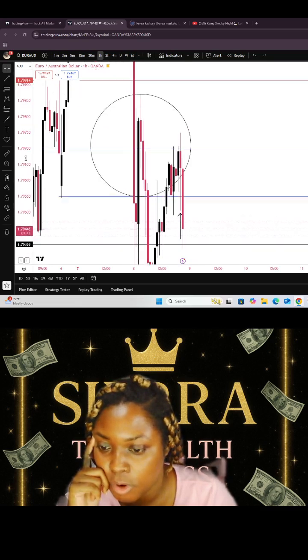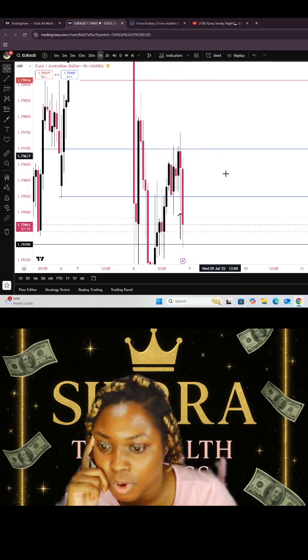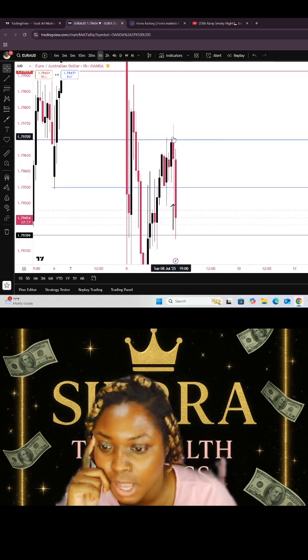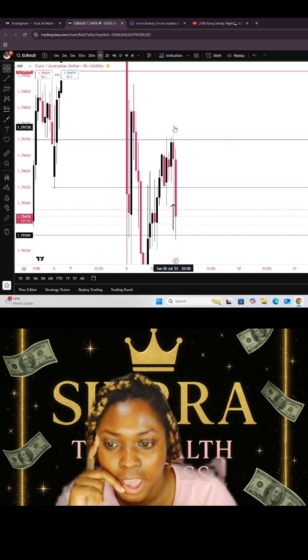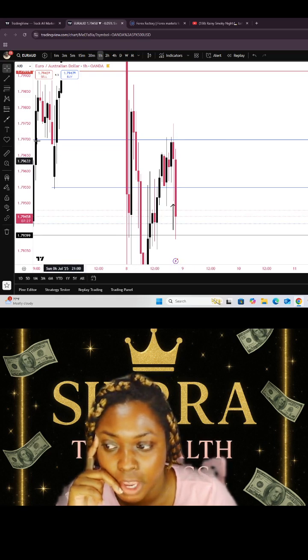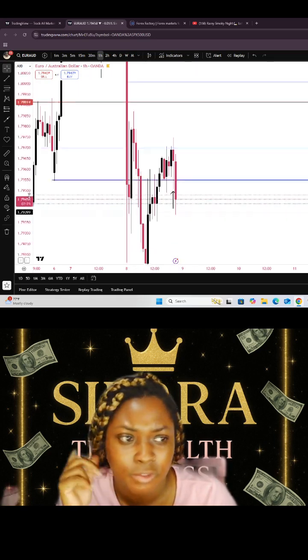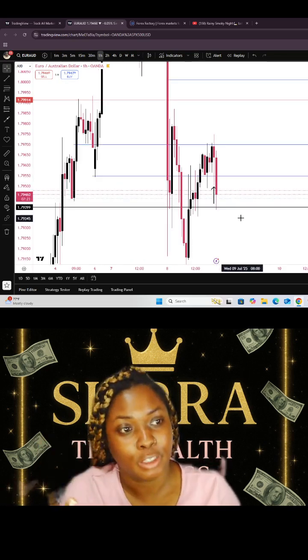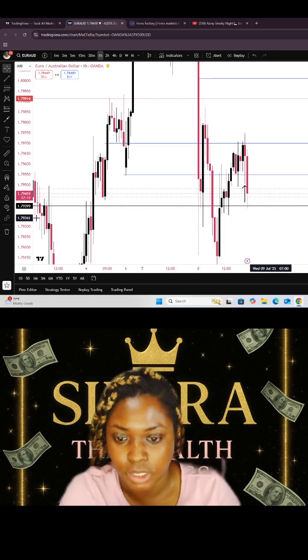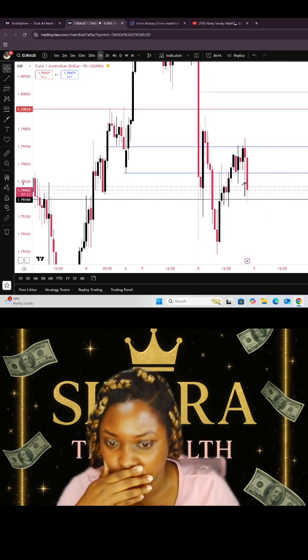In order for it to be an engulfing candle, it has to run the previous candle's high and low. Price ran the previous candle's high and low and gave me a bearish engulfing candle. That's my fourth. What is it, my fourth or my fifth confluence? I'm kind of lost. But at this point, we have 3 or more confluences to enter this trade.